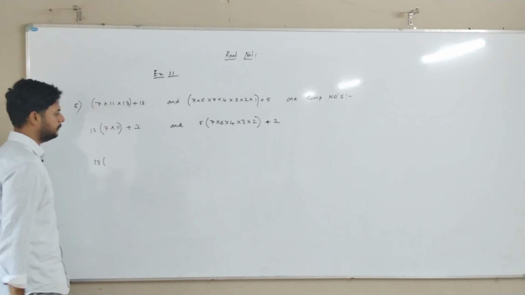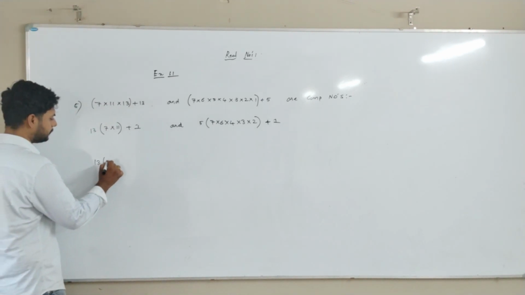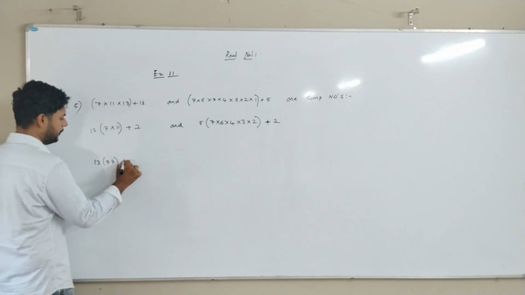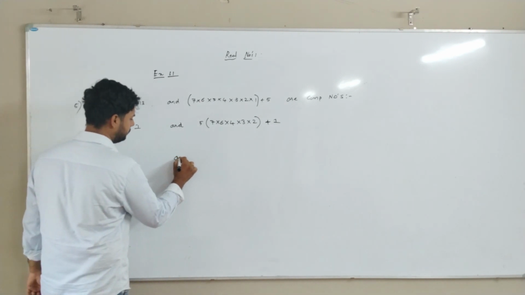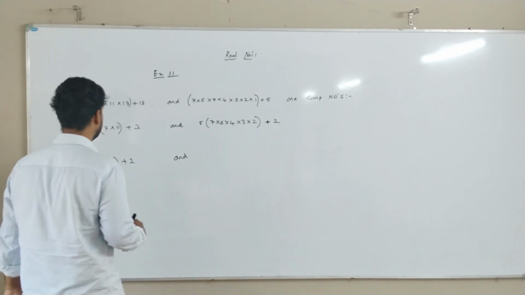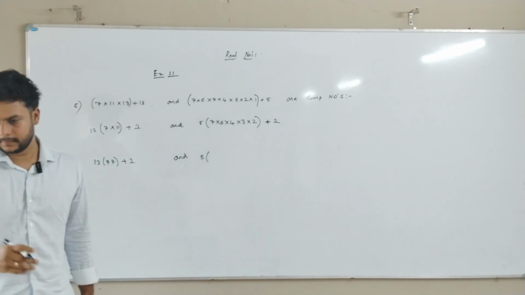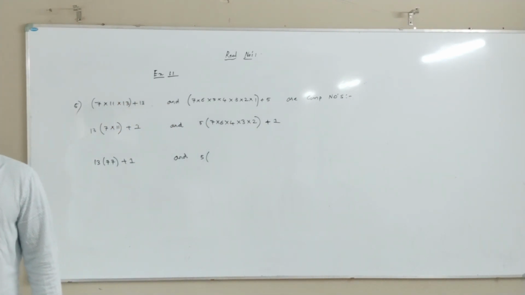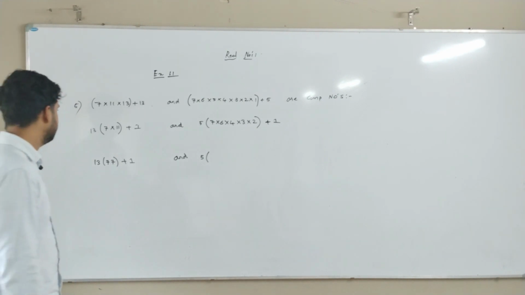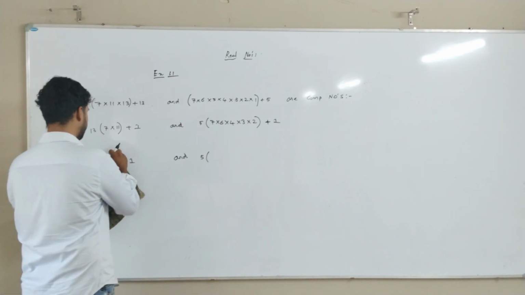7 into 11 first, 77, plus 1. And 5 multiplied by this, tell me. This bracket will come here.